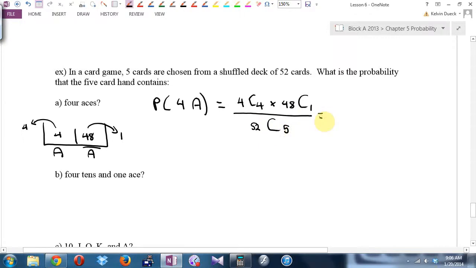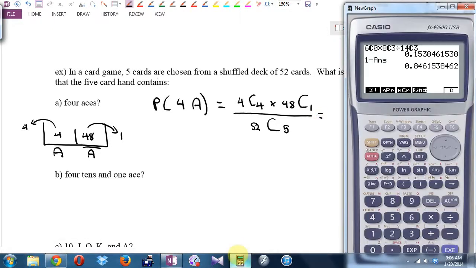This may give you an answer in scientific notation. I'm not sure. I know it's going to be pretty small. 4 choose 4, which is really just 1, times 48 choose 1, which is really just 48, divided by 52 choose 5, which was, I think, 2.6 million or something like that, I seem to recall.